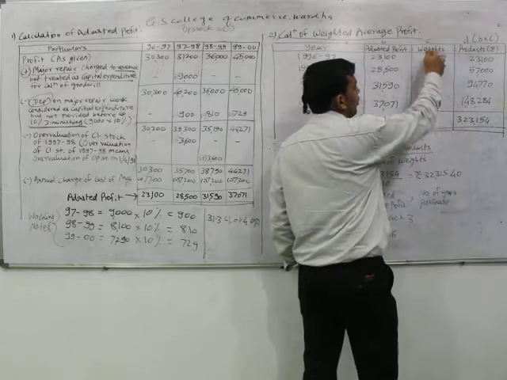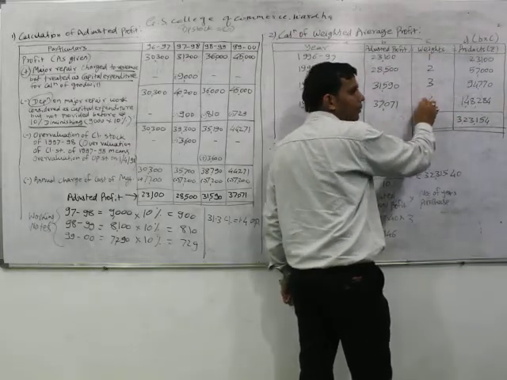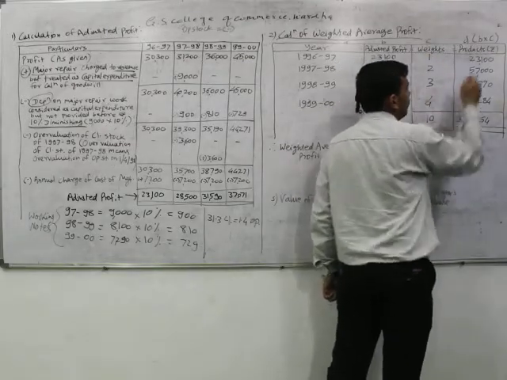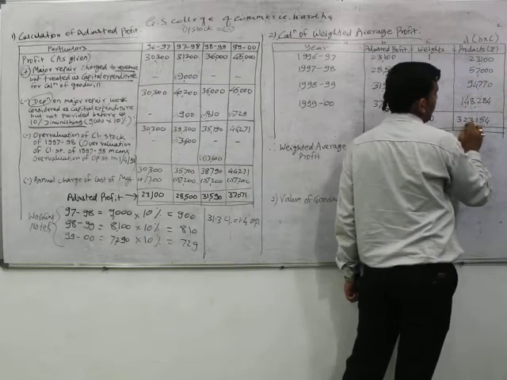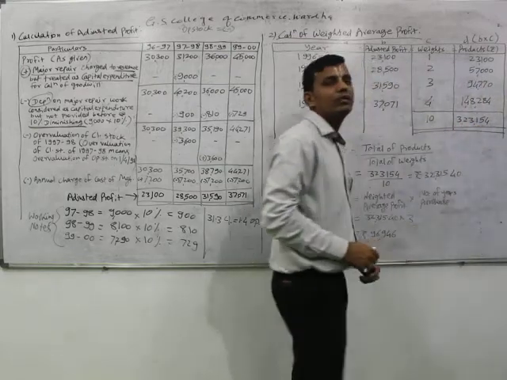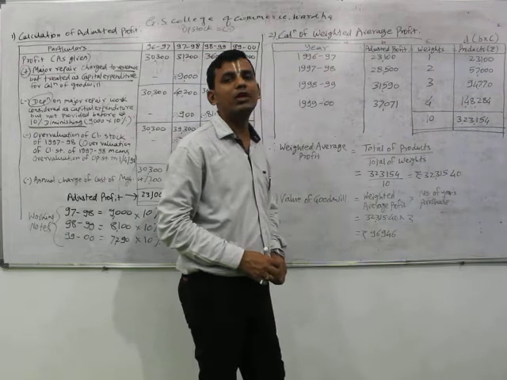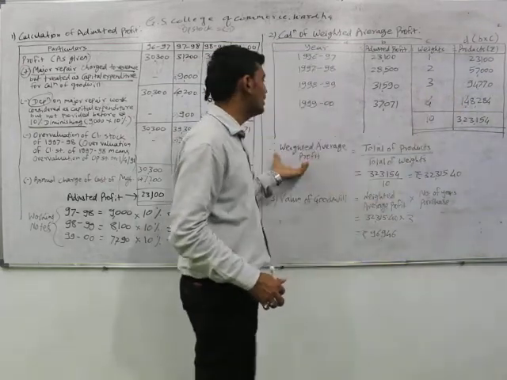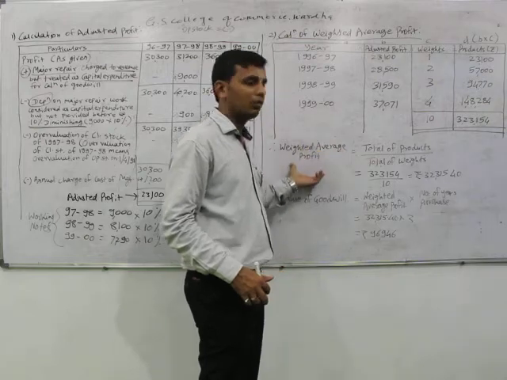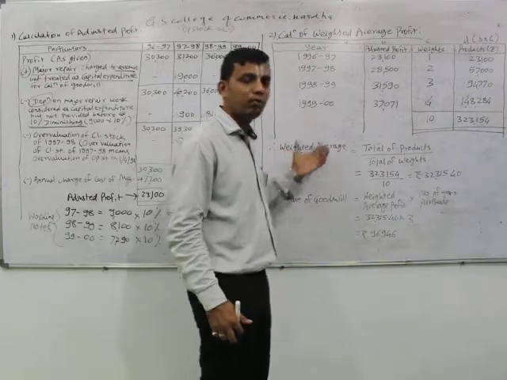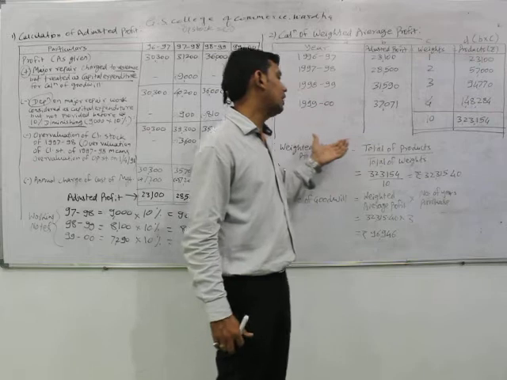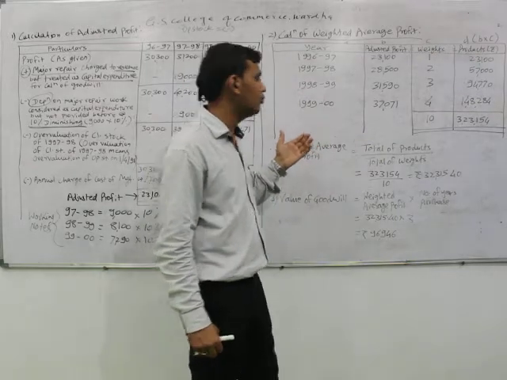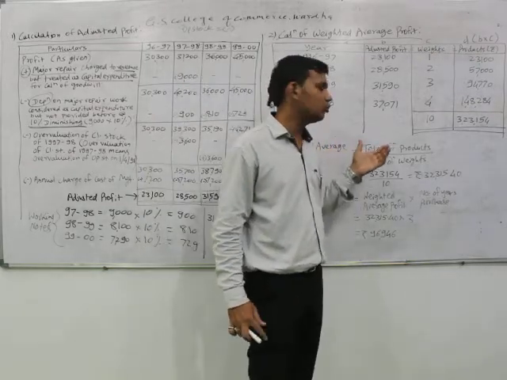Once we get our products, now we can sum our weights and products. A simple total: 1 plus 2, 3 plus 3, 6 plus 4, 10. 10 is our total of weights. Our total of products is 3,23,154. Now we can calculate our weighted average profit. What is the formula we wrote in the previous lecture when discussing the calculation of goodwill?